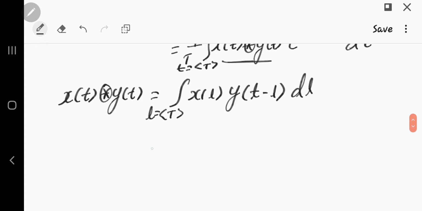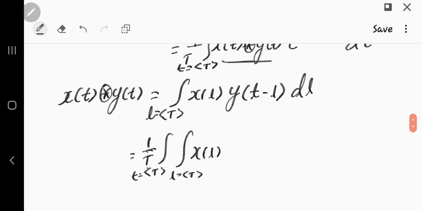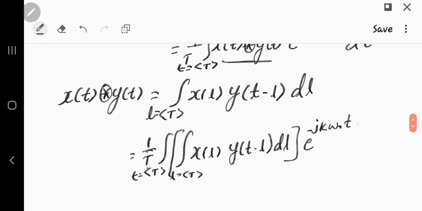Now, if you substitute that, you will get 1 by T, integral of L is equal to 0 to T, x of L y of t minus L dL. Okay, so this is the term, and after this e power minus j k omega naught t dt.